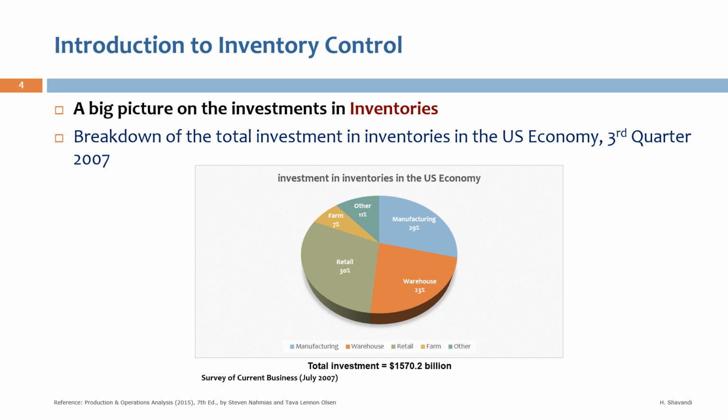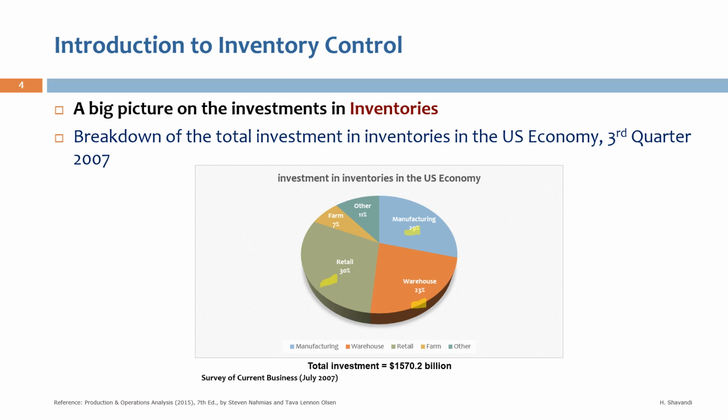Here we have a big picture of the investments in inventories. This graph shows the distribution of investment in inventories over the industries in the US economy in the third quarter of 2007. As you see here, 29% of the investment in inventories is in the manufacturing environment, 23% in warehouse, and 30% in retail.